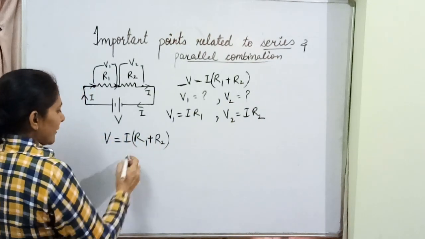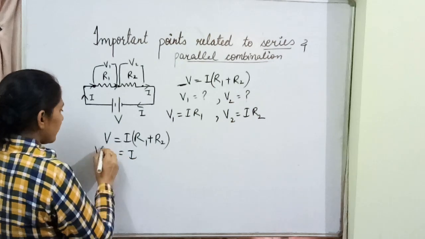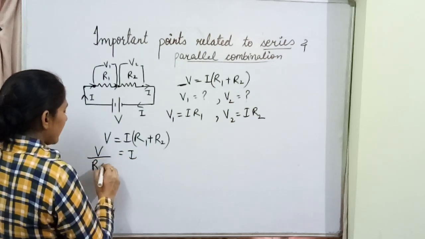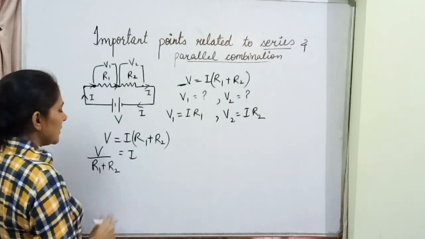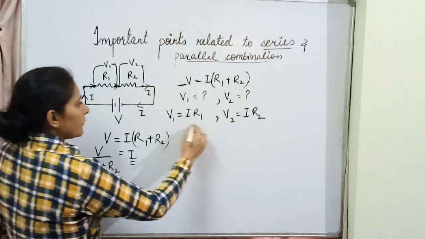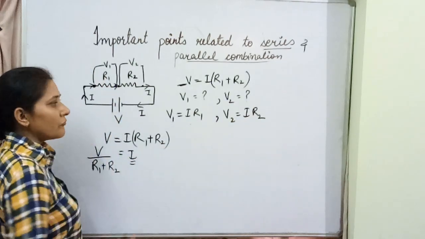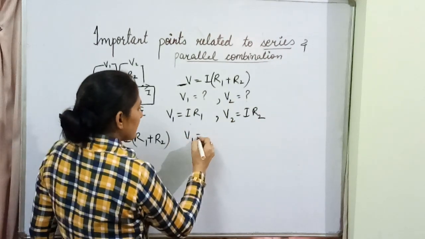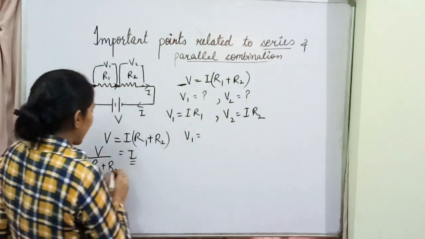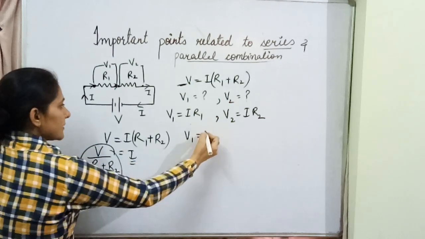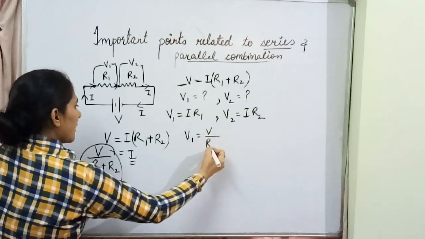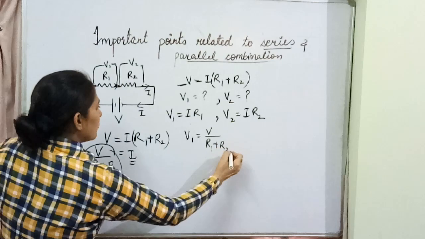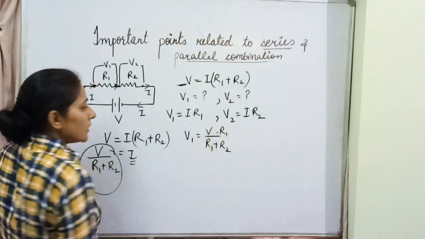Find out the value of I from here. I is equal to V upon R1 plus R2. Substitute this value of I in both the equations. You can get the value of V1 and V2. So V1 is given by I, and the value of I is V upon R1 plus R2, into R1.